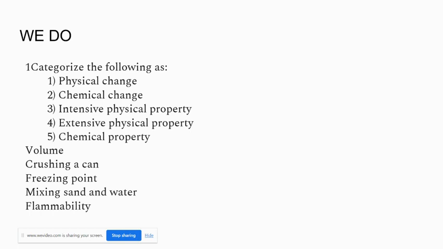This one is like how the flammability, the ability to set on fire, won't change with different gases.